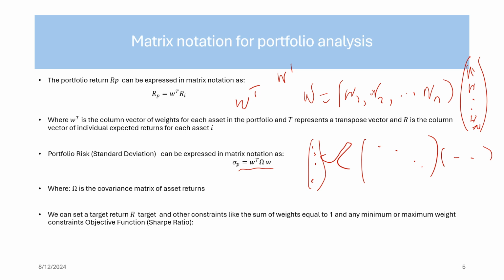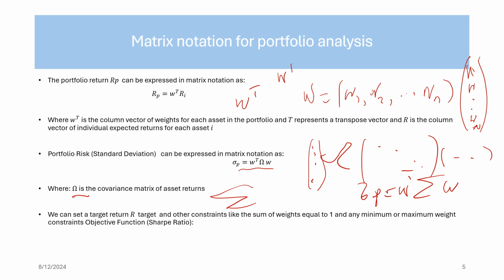In order to complete this multiplication operation, we need both a vector of weights as a column as well as the row. So yes, the omega, that's just the sign omega. Some notations would use a large sigma, in which case sigma p becomes something like w transpose sigma w.